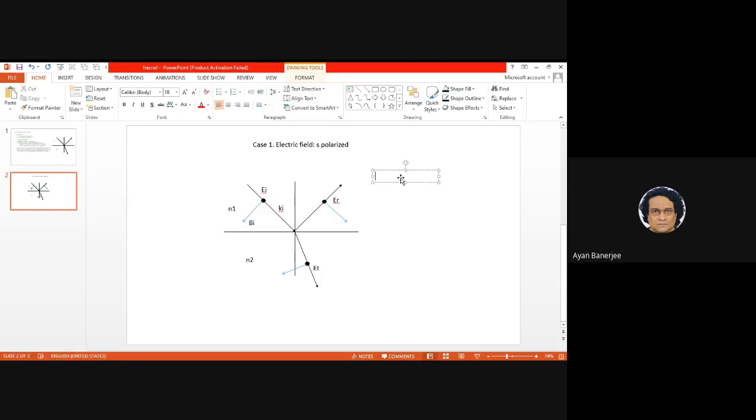This is the crucial part: K cross E. This is what we use to find the direction of B for a given E. So your incident K is this, your reflected K is this, and of course your transmitted K is just shifted in terms of angle.